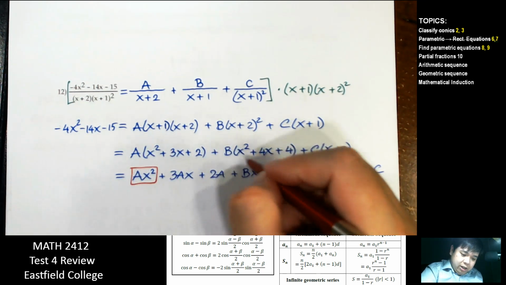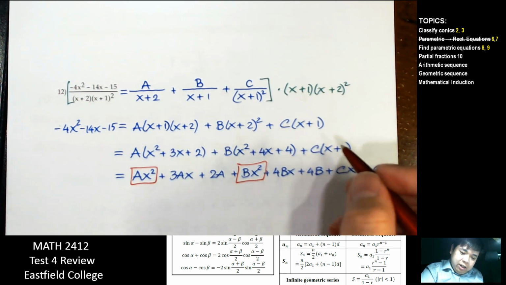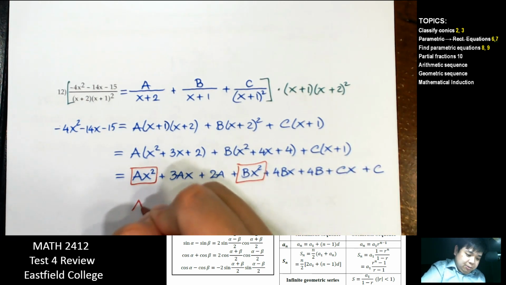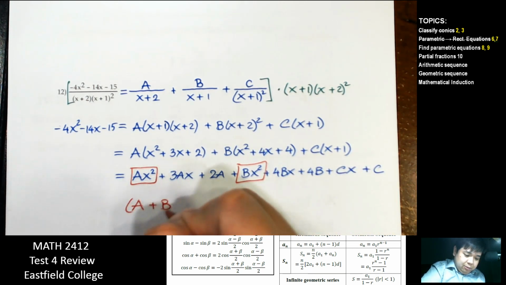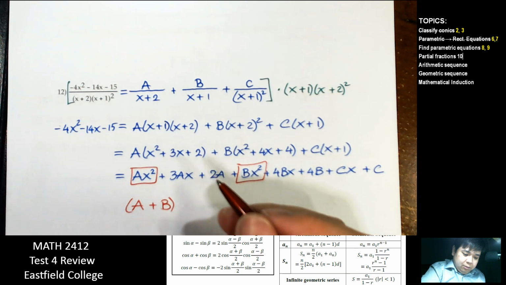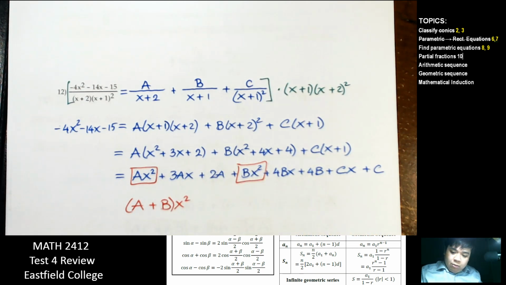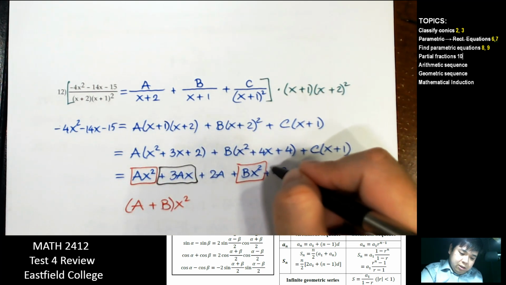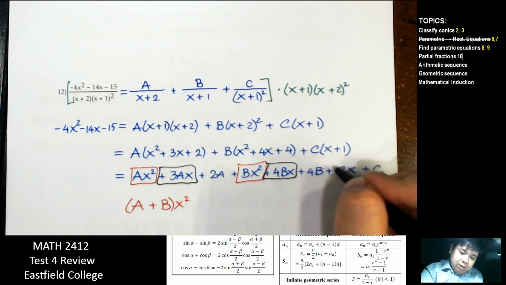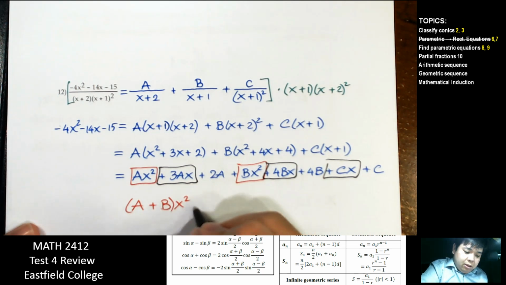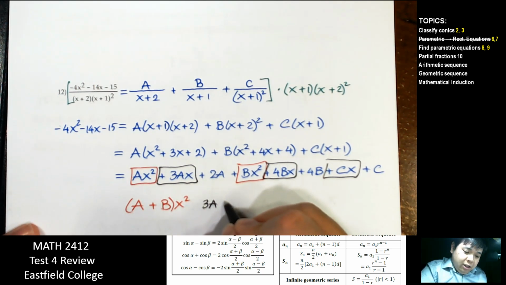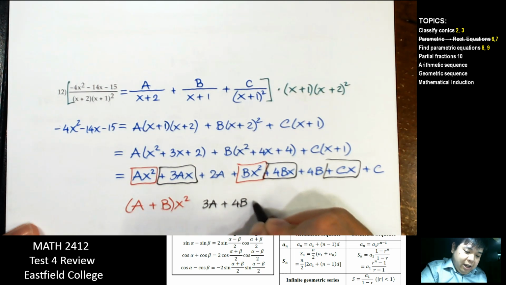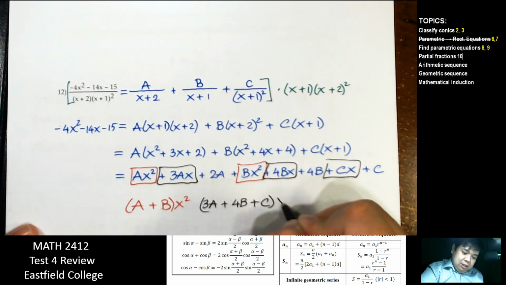X squared, that's it. Now the x. 3A, 4B, and C for x.